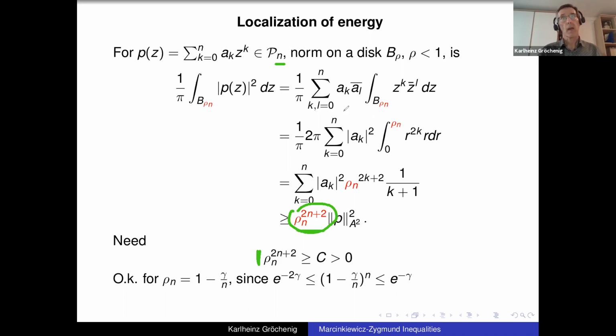And okay, now you see this works precisely when you choose rho sub n to be 1 minus gamma over n, where gamma for now is a fixed constant. So the gamma essentially measures the annulus in the unit disk near the boundary that you omit. This is a first explanation where the 1 minus gamma over n in the theorem, why this radius appears in the theorem.